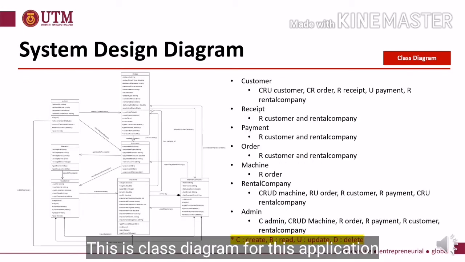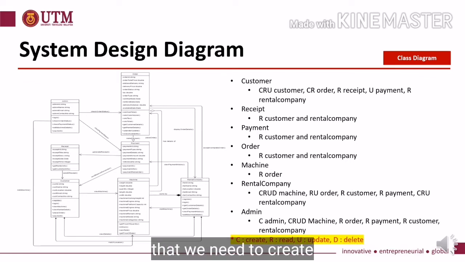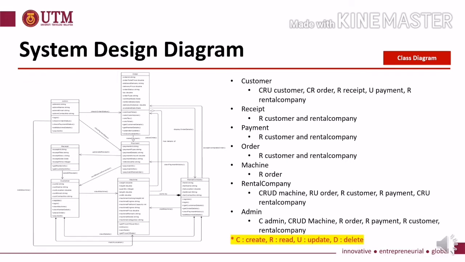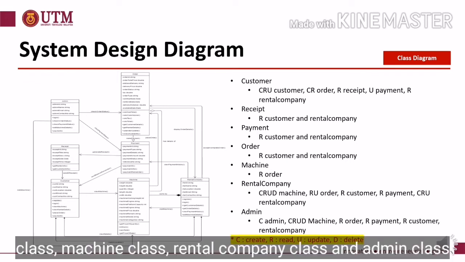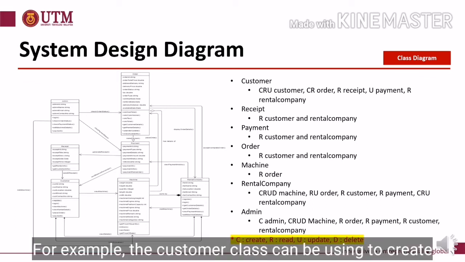And this is the class diagram for this application. From this diagram, we get to know we have 7 classes that we need to create, which are customer class, receipt class, payment class, order class, mission class, renting company class, and admin class. For example, the customer class can be used to generate the customer object.